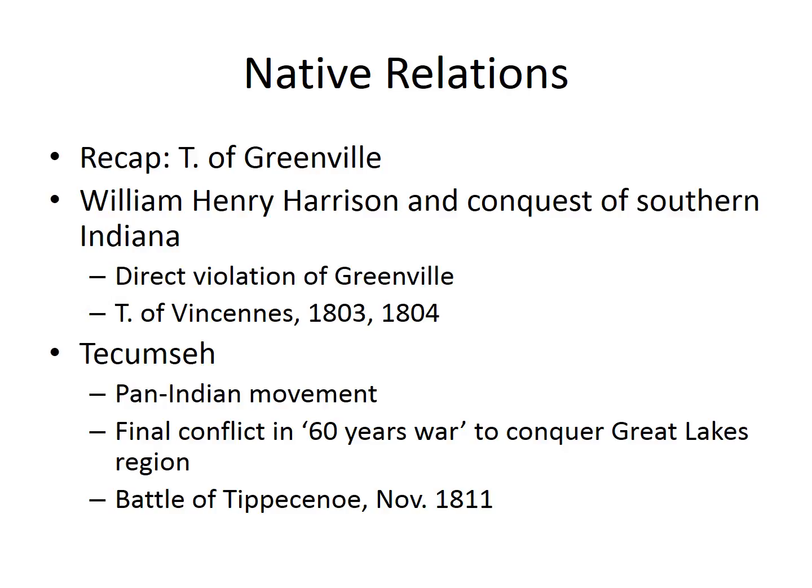Well, directly in their way are the natives, the Indians. In the Northwest, the Indians are able to align themselves with the British. This is going to lead to essentially what we refer to as the Pan-Indian movement and the Tecumseh War in the Northwest.